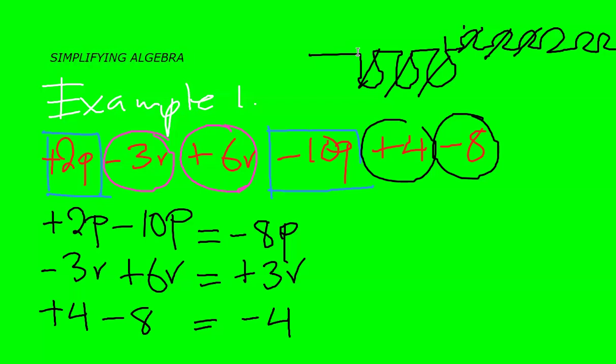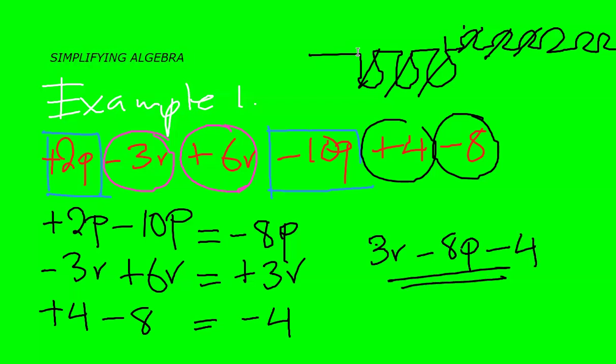Now, recombining this into a more simplified algebraic expression, let me begin with the positive. So positive 3r, and then negative 8p and negative 4.